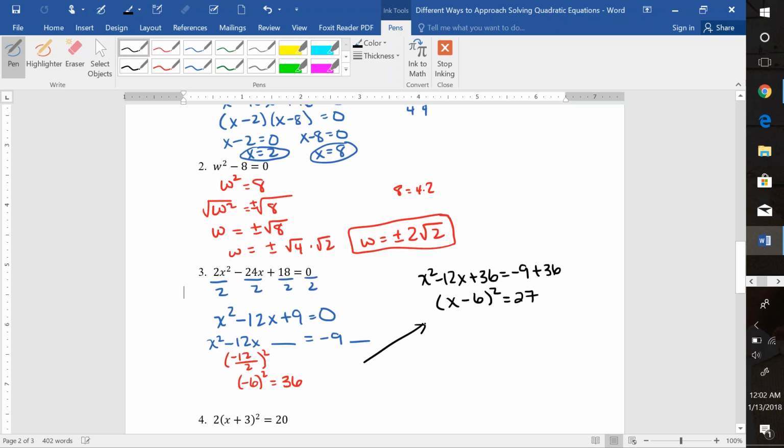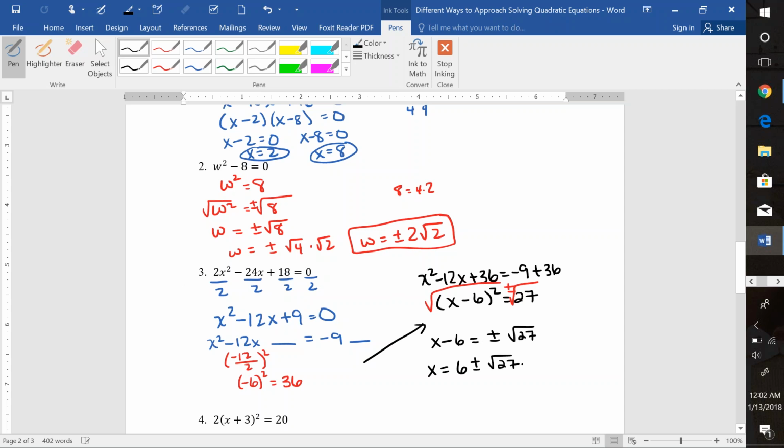And now we're ready to take the square root of both sides. So if we take the square root of both sides to cancel out that squared, we need to remember our plus or minus on the right side. So square root and square cancel, that would just be x minus 6. This is plus or minus the square root of 27. We want to get x by itself, so we add the 6 over. It's typical that that goes in front of the plus or minus.